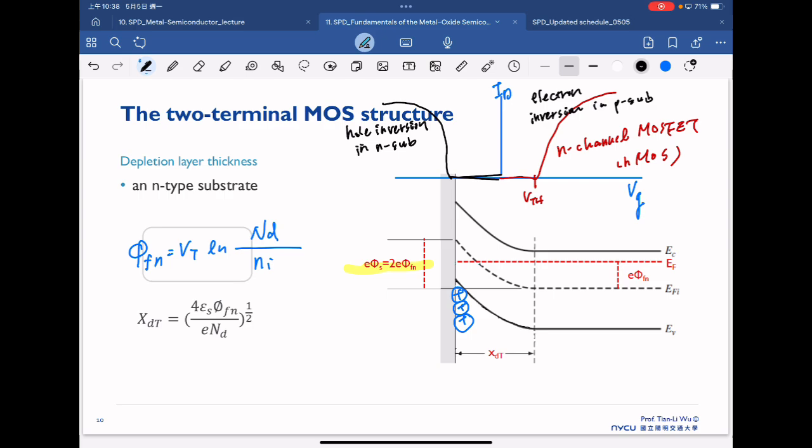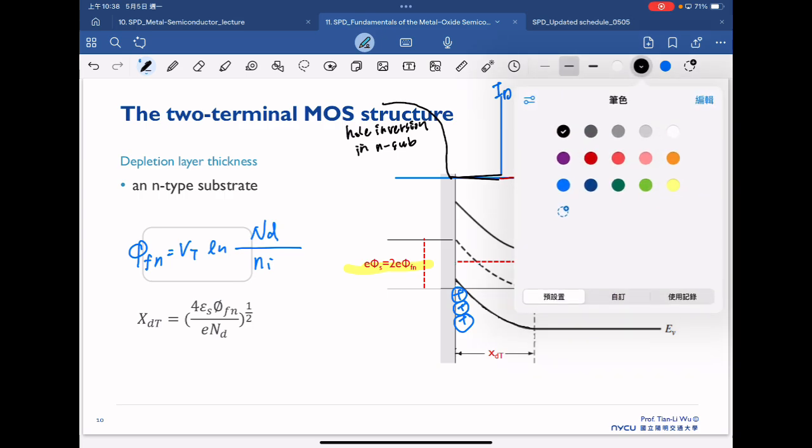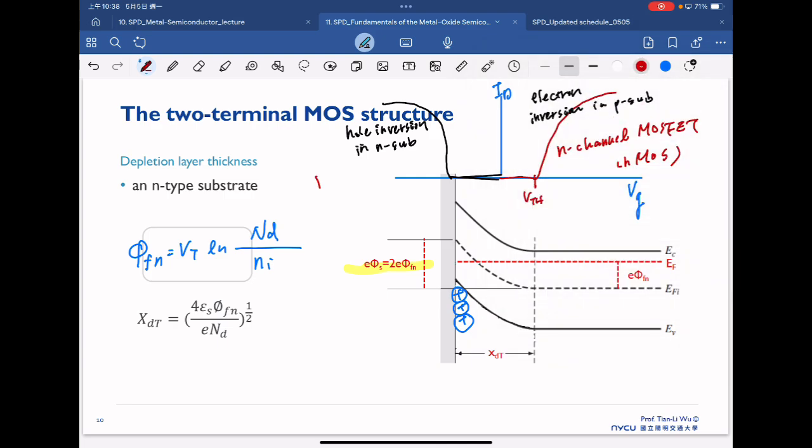Because we have lots of holes in the channel, we call this a P-channel MOSFET, or we just call this a PMOS here.